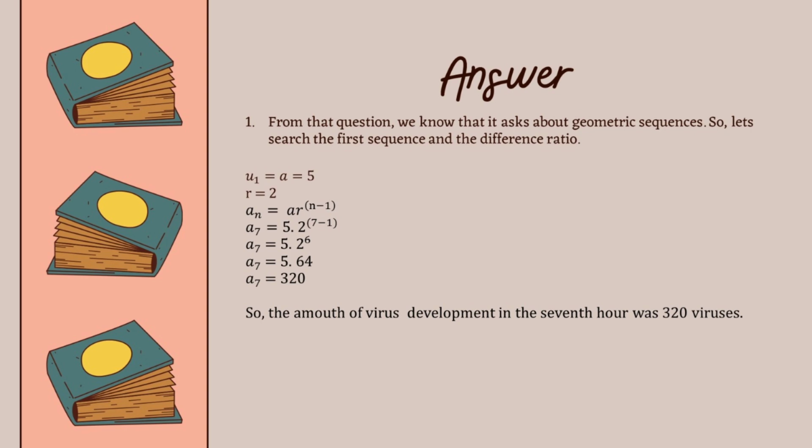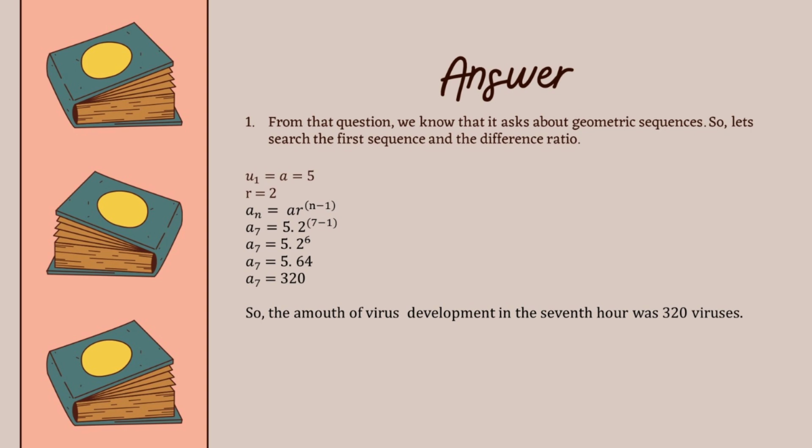So the basic formula of geometric sequence is A sub n equals A times R to the power of n minus 1. Now put the numbers into the basic formula. A sub 7 equals 5 times 2 to the power of 7 minus 1.